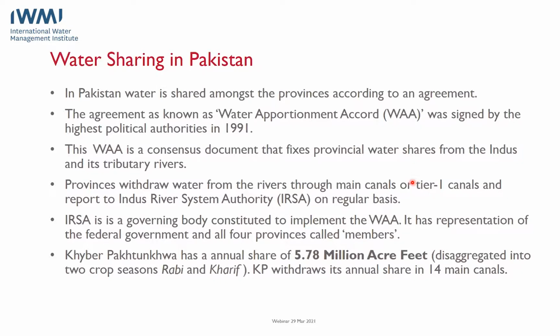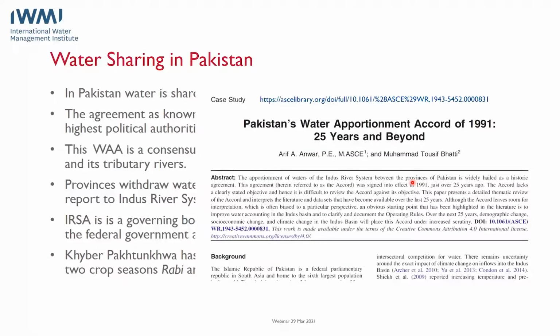I will not go into much detail of the water apportionment accord, but just focus on Khyber Pakhtunkhwa province, which has an annual share of 5.78 million acre feet, disaggregated into 2 crop seasons. KP withdraws its annual share in 14 main canals, which I will explain in the later slides.